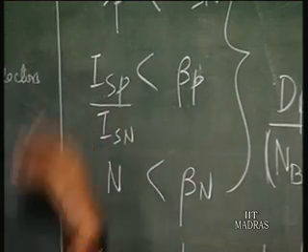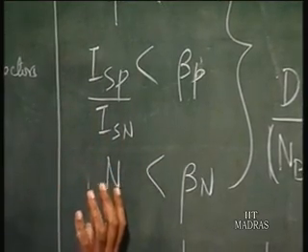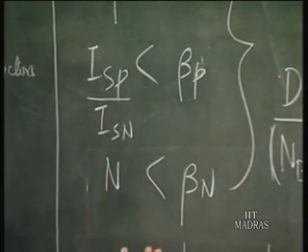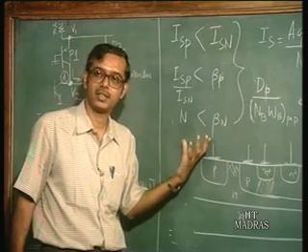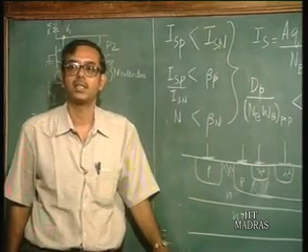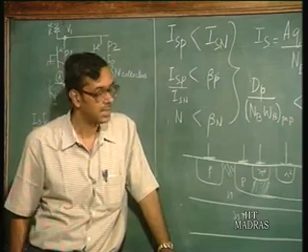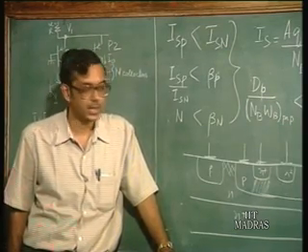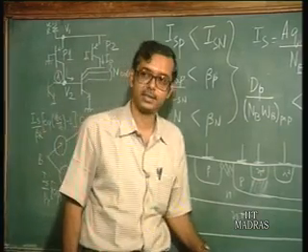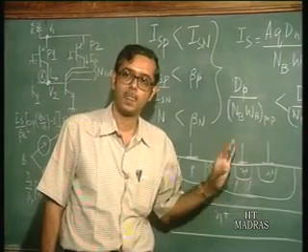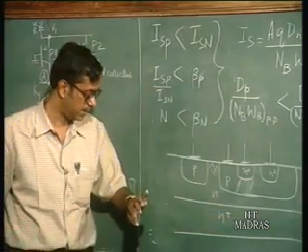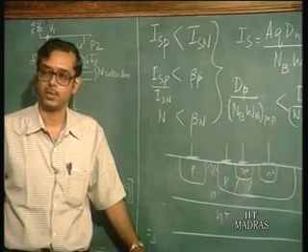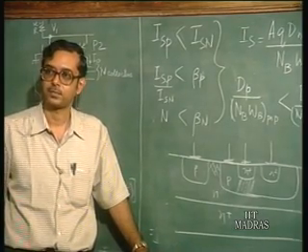So, you see that there are a lot of interdependencies for the different conditions which must be satisfied in order to ensure that the I squared L cell works. Okay. So, just wanted to give you an idea that one has to really design the cell properly in order to ensure that this cell is going to work. Okay. All right.